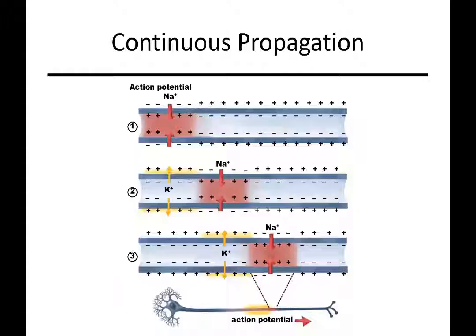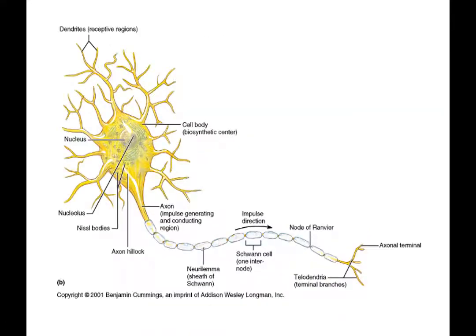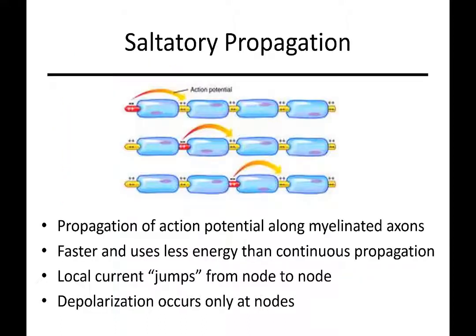So here is continuous propagation. We can see where we're depolarizing each little segment at a time as it goes down the axon. But if we have a myelinated axon like this guy, we can see where we depolarize only in this node section. So it's quicker and more efficient.